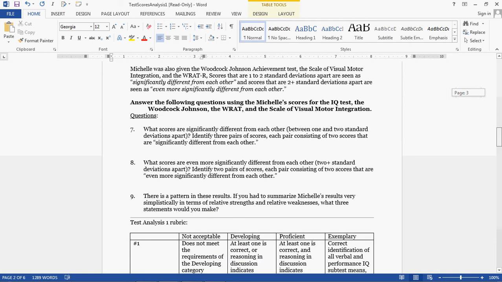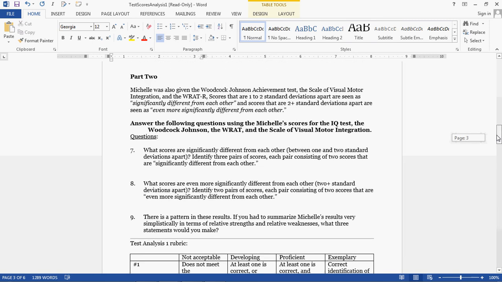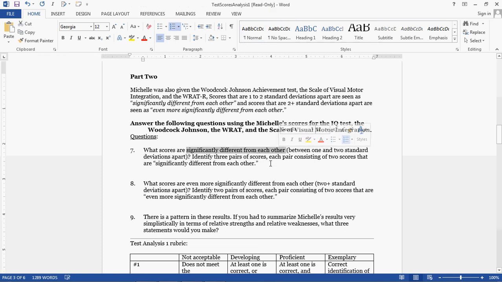Now let's look at part 2. What scores are significantly different than each other? So I'm not going to use the actual test scores, but here's our scale right here. So we're looking for ones that are significantly different from each other. So that means they have to be 1 to 2 standard deviations apart from each other.